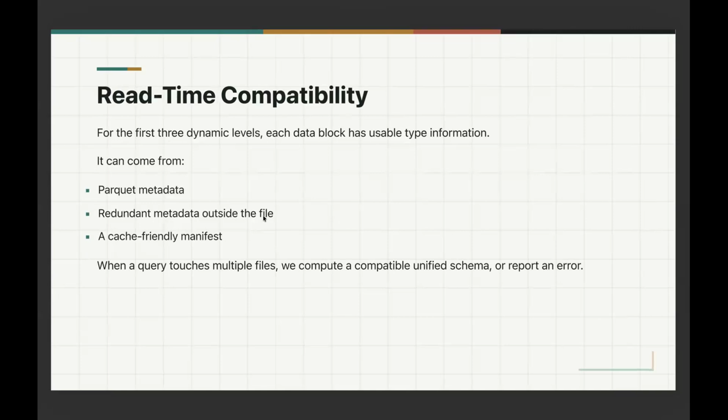And to achieve real-time compatibility, the schema part we talked about before can be inferred from stored Parquet metadata, where Parquet itself knows all schemas, except the last kind of dynamic, which is opaque. And when the query comes, we may know what files it may read based on the predicate given.